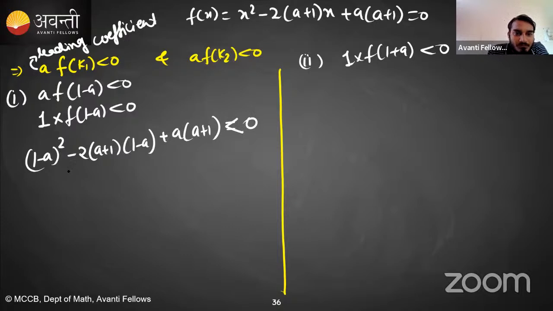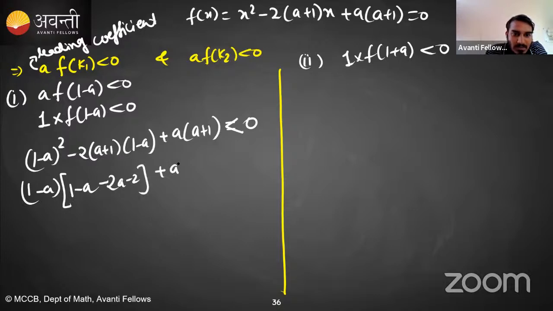Solve this. How will you do it? Take 1 minus a common. When you take 1 minus a common, it is left with 1 minus a minus 2a minus 2 plus a square plus a less than 0.